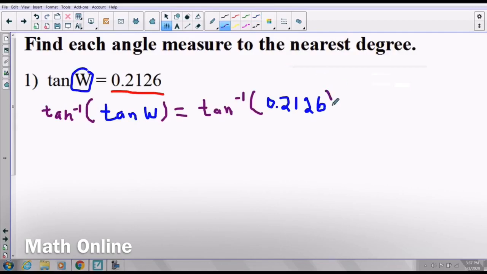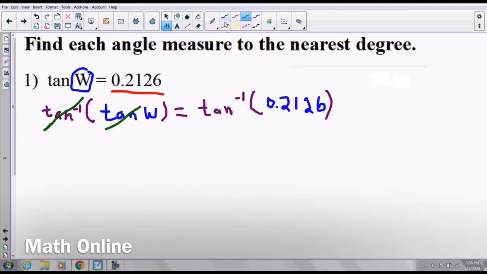That's all I did to both sides of the equation. I took the inverse tangent on both sides. Now, when we simplify this equation, on the left-hand side, inverse tangent and tangent will simplify each other out, so in other words, they cancel out, because they're inverses of each other.